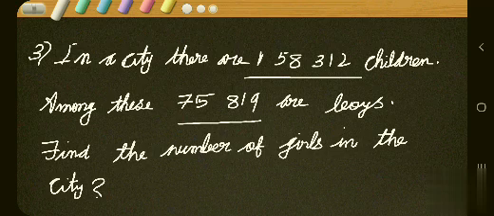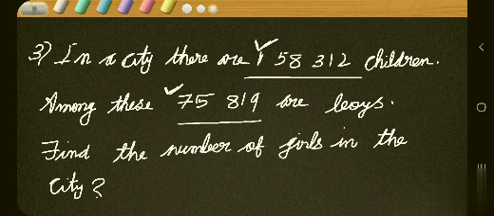So how can we find out? Can you say balance or remaining? By thinking, you will be able to find out. For finding out the number of girls, we have to subtract the number of boys from the total number of children, isn't it?